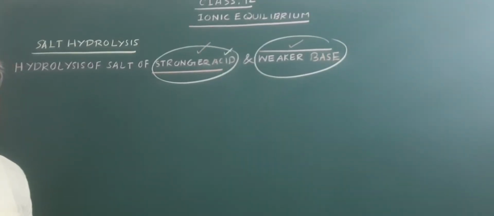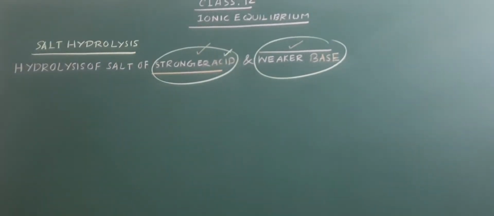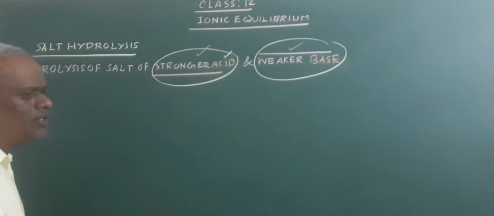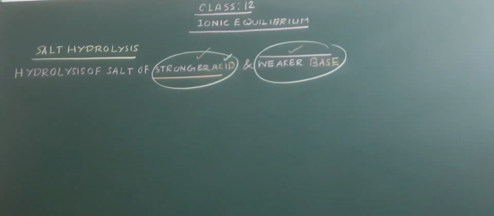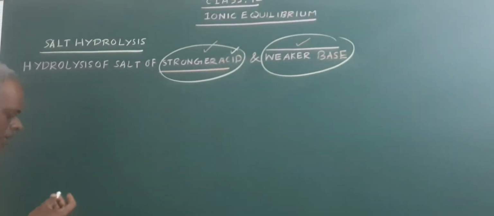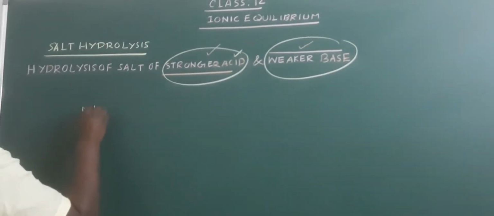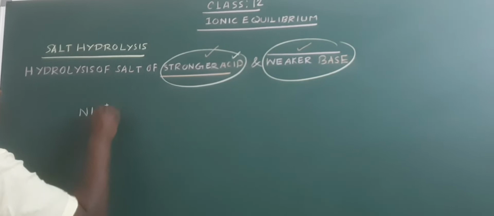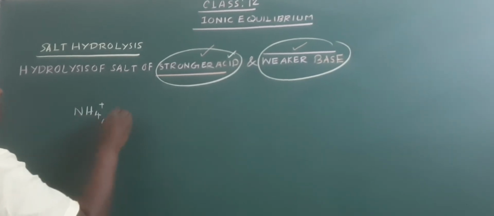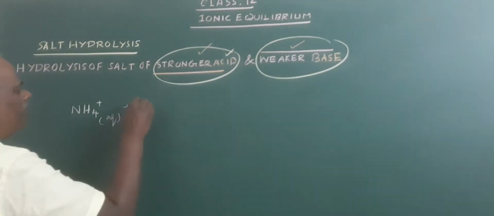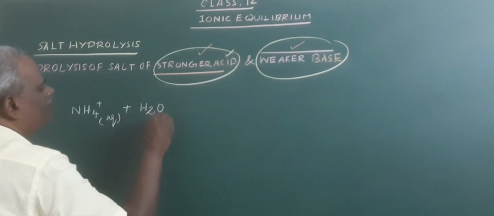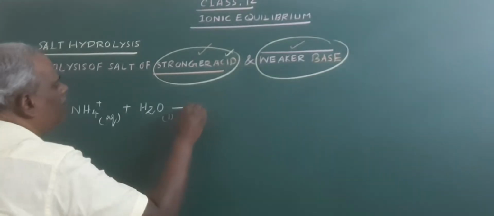In order to calculate the pH, we should relate the hydrolysis constant as well as the dissociation constant for the given salt. Consider the NH4 plus, the ion obtained from ammonium chloride, during its hydrolysis by action with water.